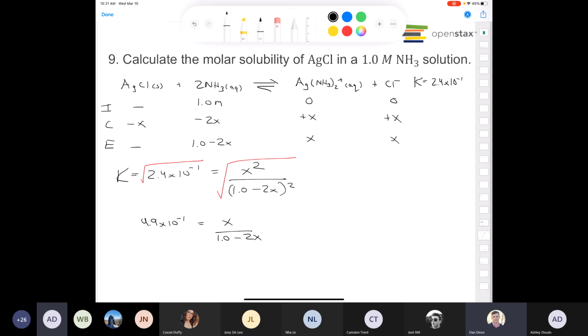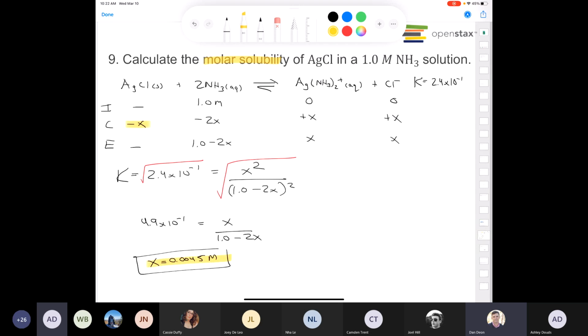That's the part I skipped, but anyhow, I did solve for X, and when you do, you get that your X is equal to 0.0045 molar, like that. And so that is the molar solubility of your silver chloride. That's the amount that's going to dissolve.